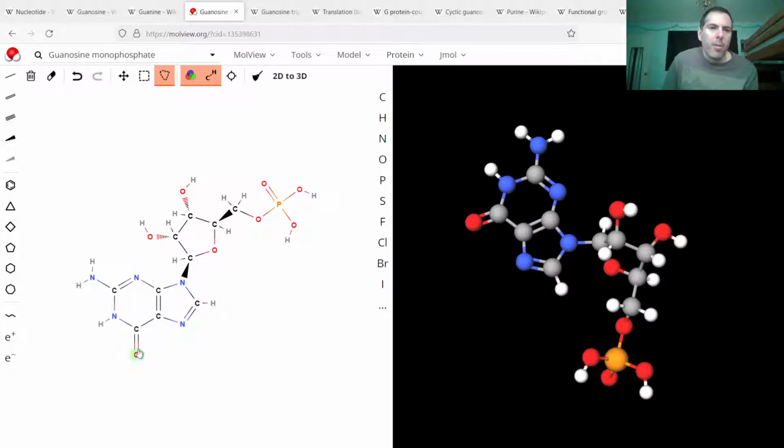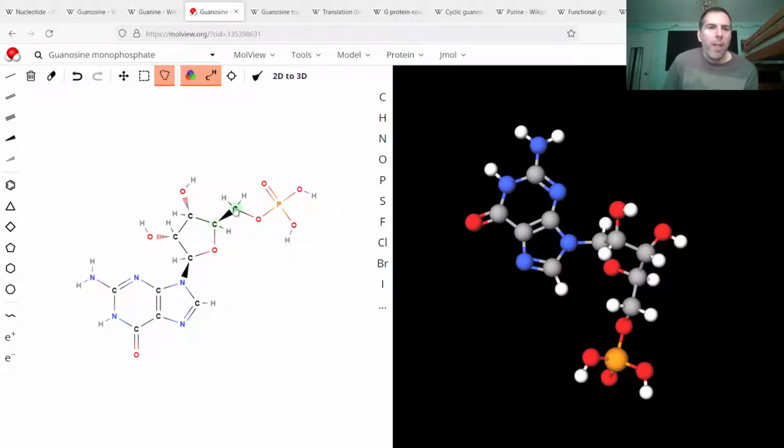You have the carboxyl group here, amine group here, and these are the three positions that bond to other nucleotides in DNA and RNA. So this is the 1' carbon, 2' carbon, 3' carbon, where you'd build the chain of nucleotides.